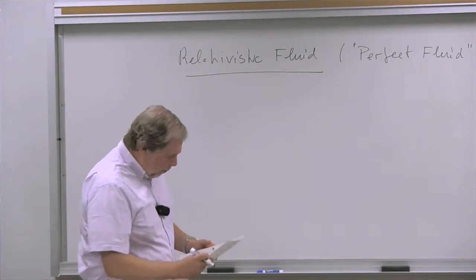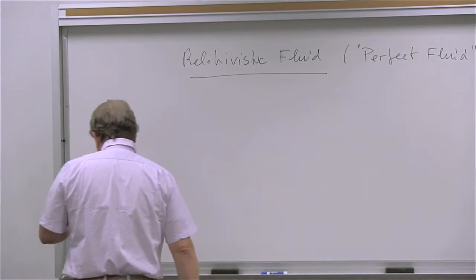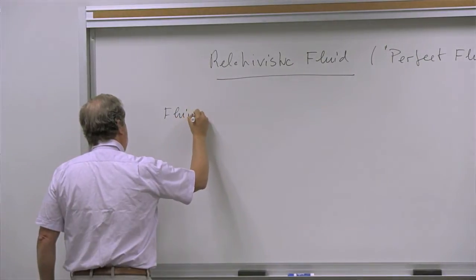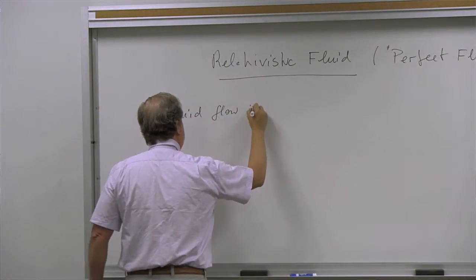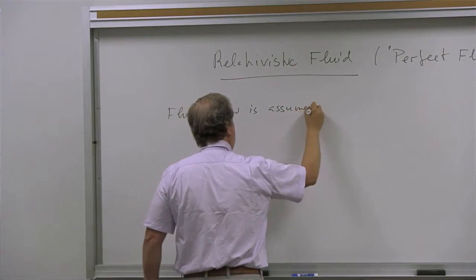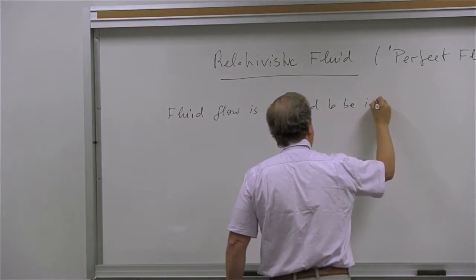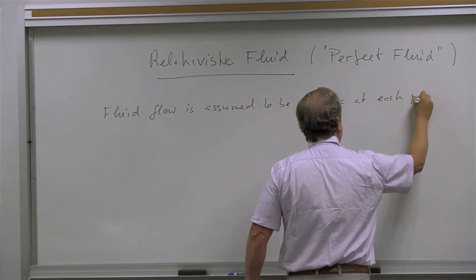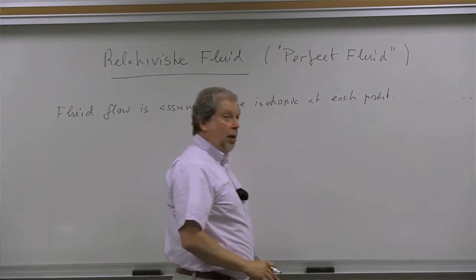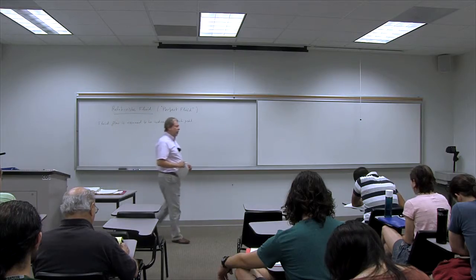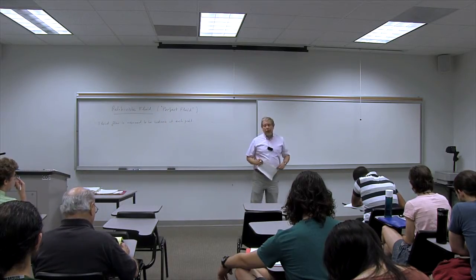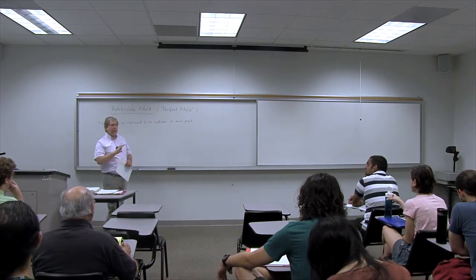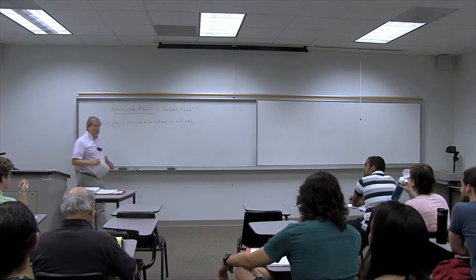Well, it is one where it is assumed that the fluid flow is assumed to be isotropic at each point. So that applies well to a number of fluids like water, but certainly also to the behavior of the universe, which is of course made out of particles, but when you have many particles we can describe it by some sort of fluid.